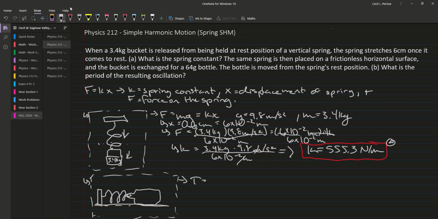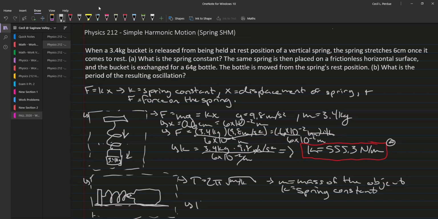We know from our equations that T is equal to 2 pi times the square root of m over k, where m is the mass of the object, and k is the spring constant.